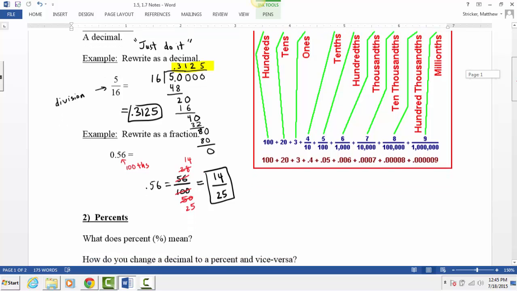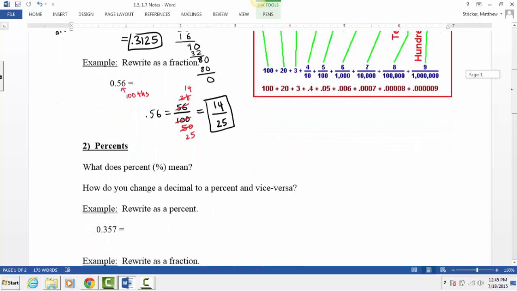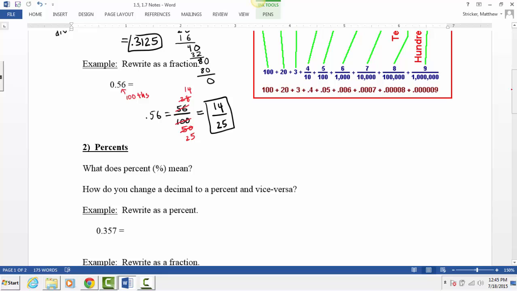Okay, now let's go ahead and move on to percents. First, I want to ask you, what does percent mean? Well, it means per, and then the second part of the word is cent, which you may recognize as 100. So percent means per 100. So how do you change a decimal to a percent, or vice versa?